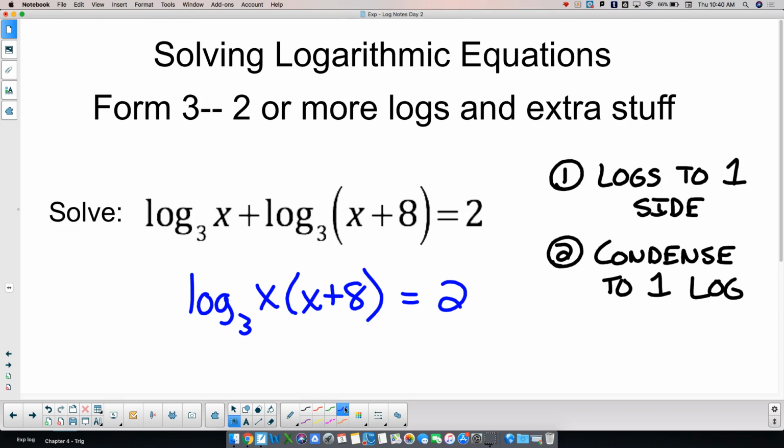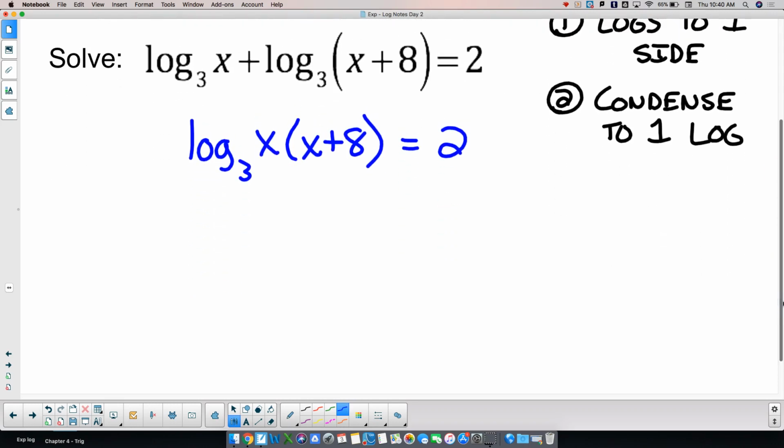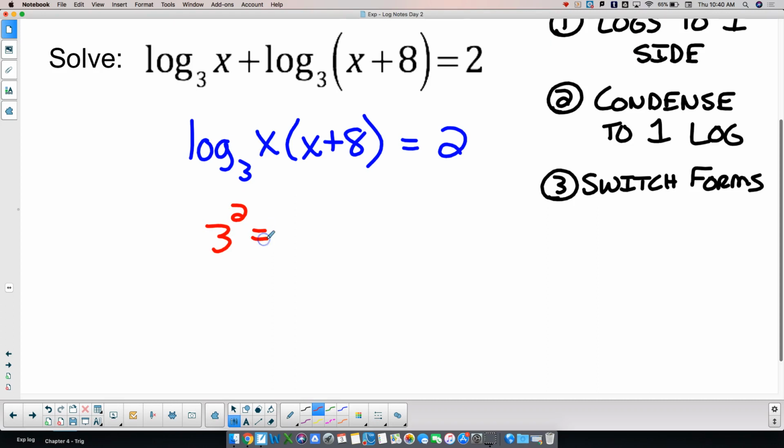Now that you've condensed it into one log with no extra stuff going on, you can now switch forms. So this would be 3 squared equals x times x plus 8.